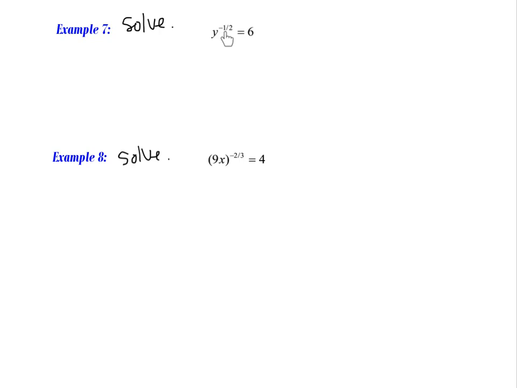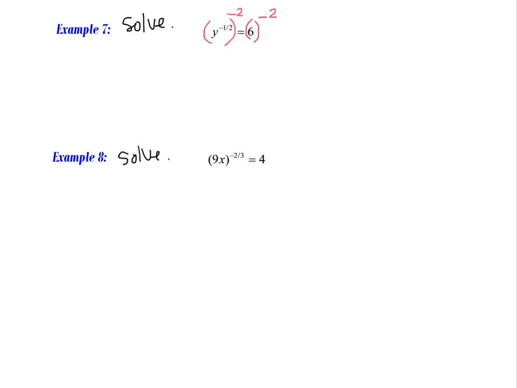Well, the way we can get this exponent to just be 1, which is what we want, is to multiply it by -2. The way to multiply it by -2 is to raise it to the -2nd power, because we know when you raise an exponent to an exponent, you multiply their powers. But this is an equation, so we have to keep it balanced, so whatever we do to one side, we do to the other.